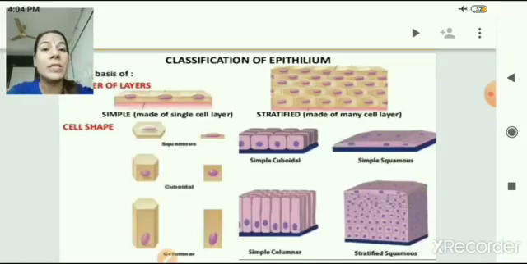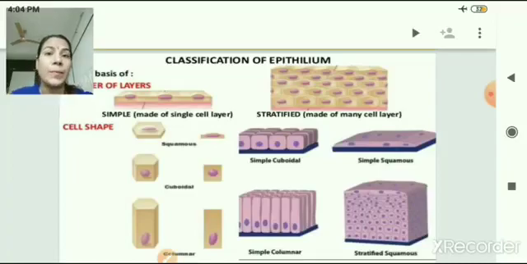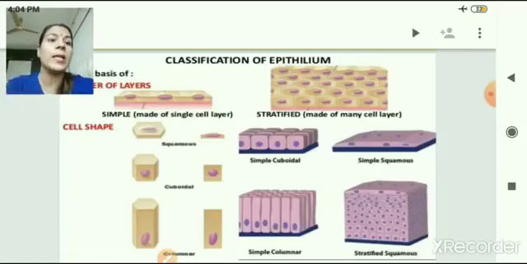But if the cell shape is columnar, like tall pillars, it will be called columnar epithelial tissue. So on the basis of various layers and cell shapes, we can broadly divide these epithelial tissues into 4 categories: simple cuboidal tissues, simple squamous tissues, simple columnar tissues, and stratified squamous epithelium.